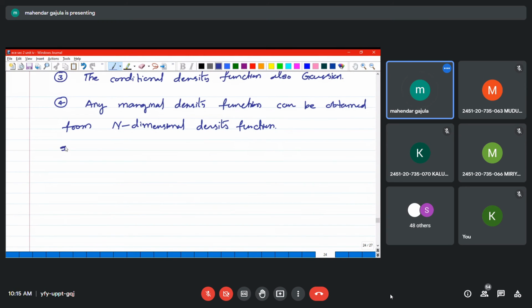And the fifth one, what are the parameters of a Gaussian random variable? What are required for a Gaussian density function? Mean and variance, right? Gaussian random variables are represented with mean and variance. If we don't know mean and variance, we cannot find the density function.